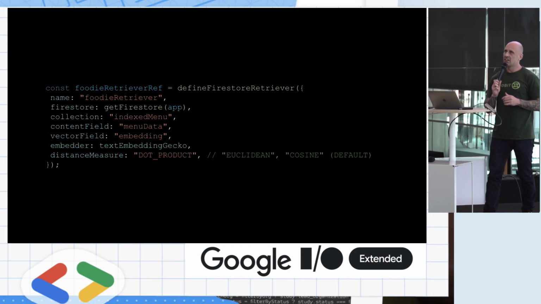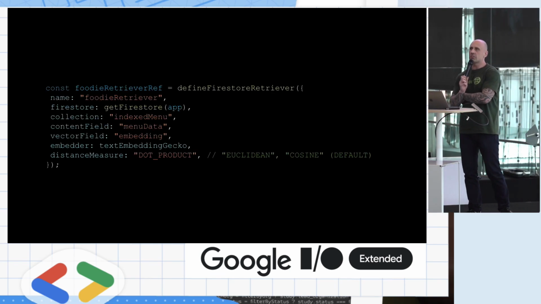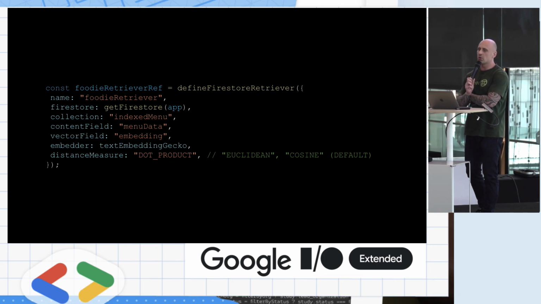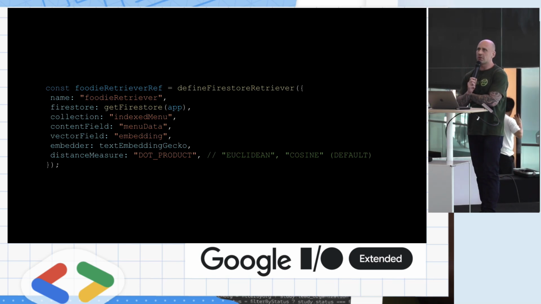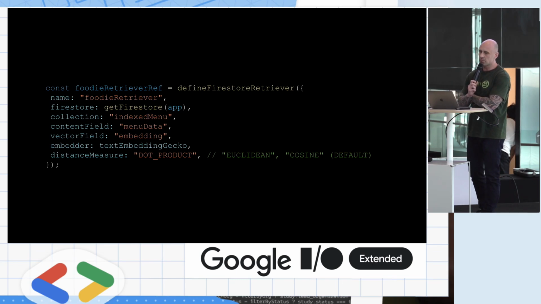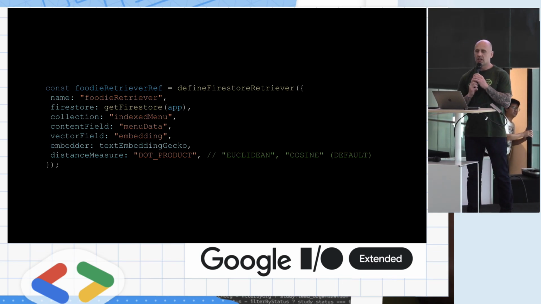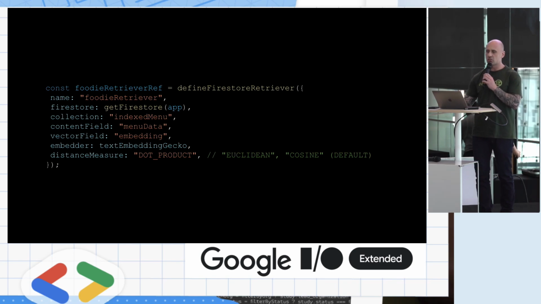So, in order to integrate this into our application, similar to how we set up the flow, we need to define a Firestore retriever. And this one is working with the Firebase plugin that we defined in the Genkit declaration from the beginning. We name the Firestore retriever, and we give it a reference to the Firestore app.